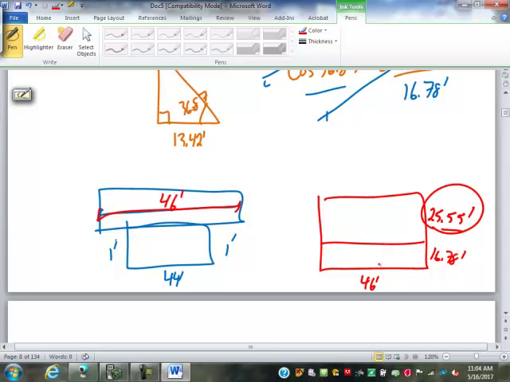So it's 25.55 by 46 and 16.78 by 46. Or you can just add the 25.55 and the 16.78. You get 42.33 times 46 would be the area of the whole thing all at once. What do you think? Jolly good stuff? Okay.